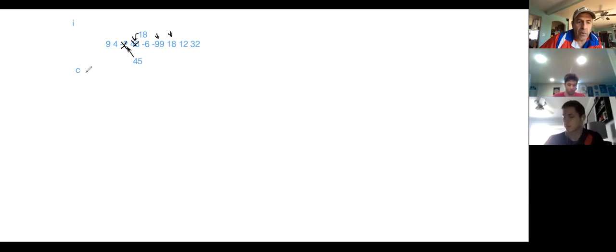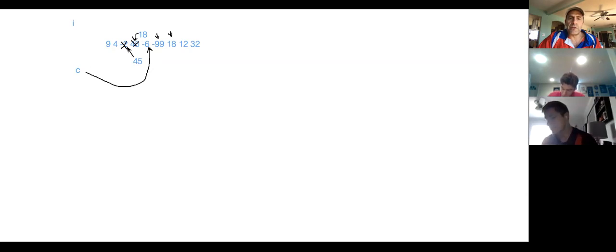At the end, C is always going to be at the next available spot to put a positive into. So 18 goes into there, then 12 will go here, and then 32 will go here.